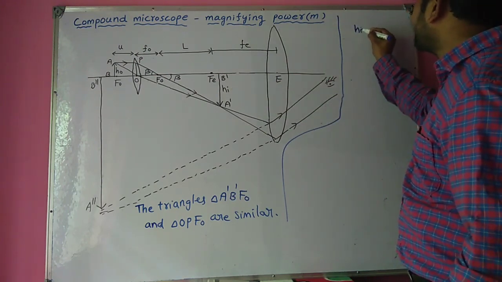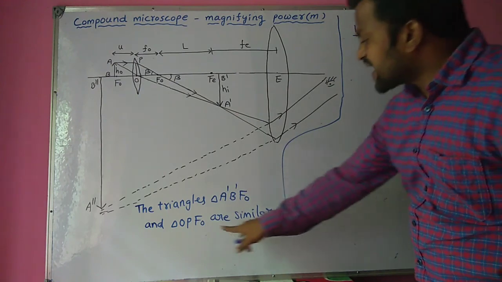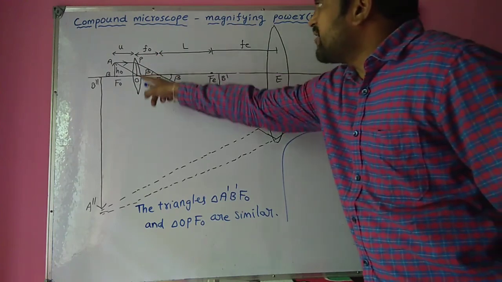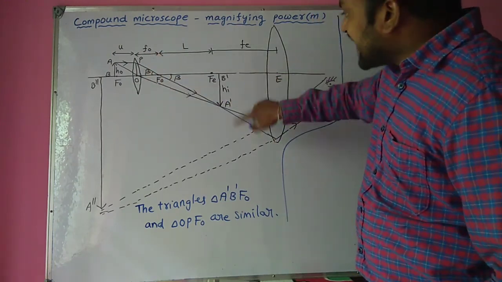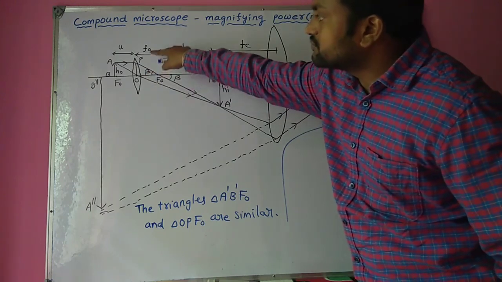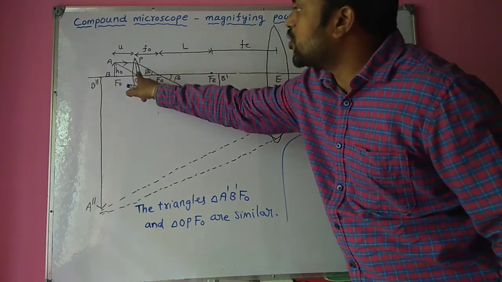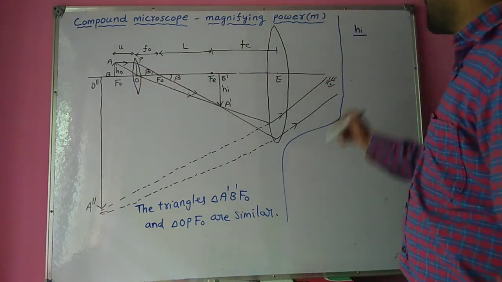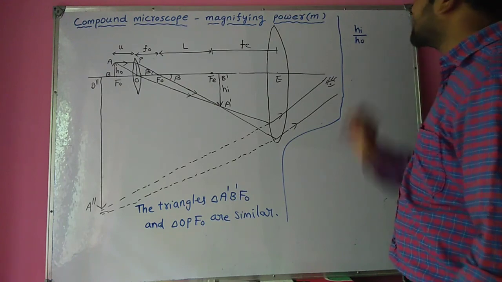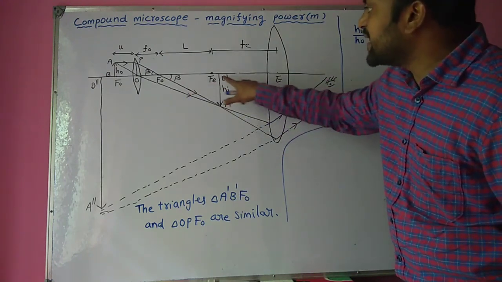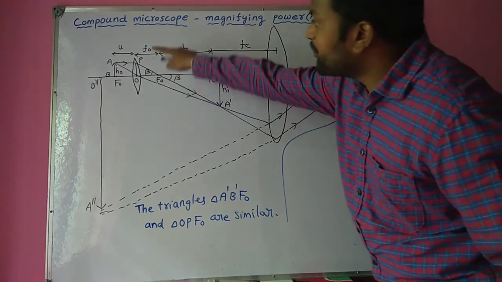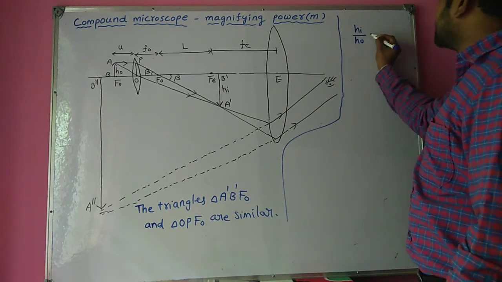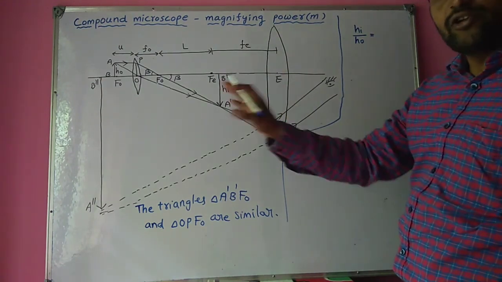Its similar side in triangle OPFO is OP, and the length of OP is HO. HO and OP are the same because that light ray is parallel to the principal axis. So the ratio of sides is HI by HO.